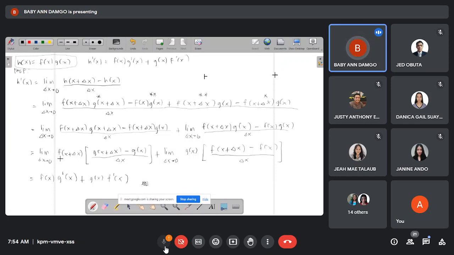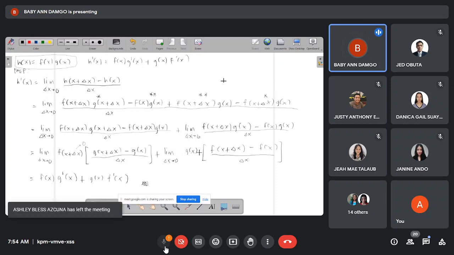Okay, so gikuha na to ang limit sa f of x plus the change of x, which is equal ra siya sa f of x kay ang the change of x will go to 0. Okay, next. So kani, this is just the definition of the derivative of g of x.